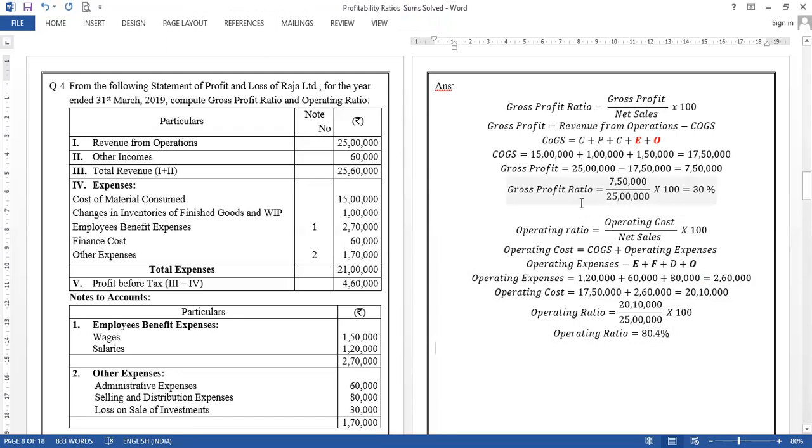I'm sure you all have been able to understand this. You have to go step by step. For calculation of gross profit ratio, calculate the required materials one by one, and please remember the formulas. COGS is CPCEO, right? This was one important formula, as well as for operating expenses, that is EFDO with some conditions. Okay, the final answer is 80.4%.